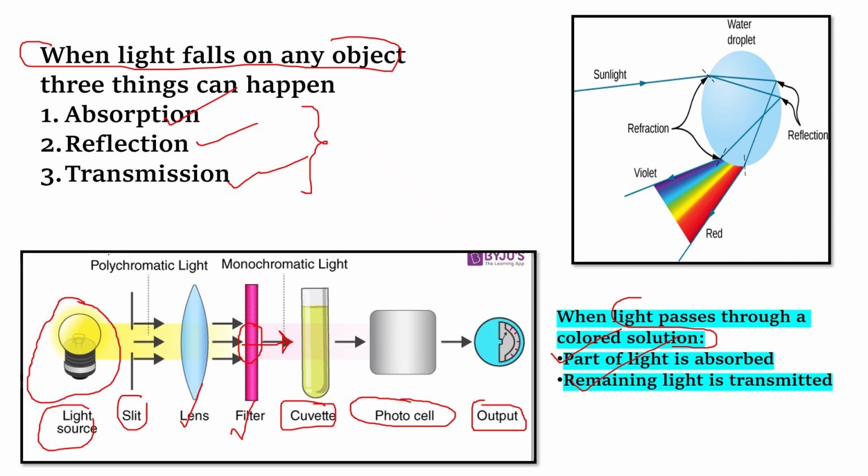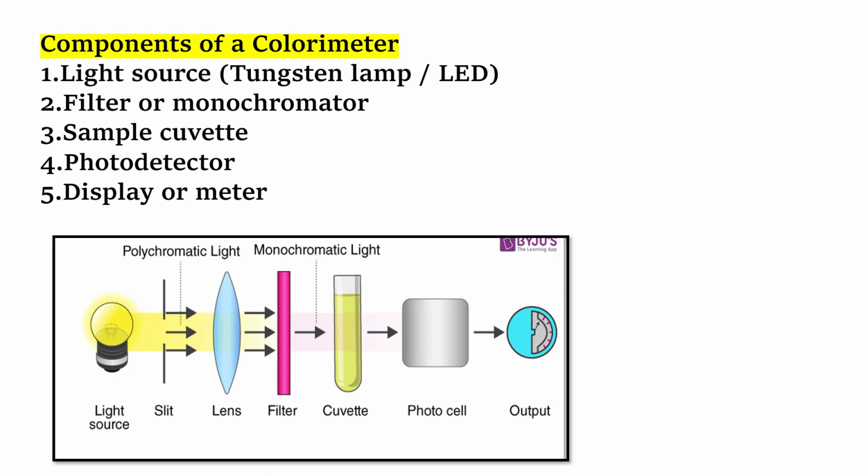So these are the components by which the colorimeter works. I have already mentioned them: the light source, tungsten or LED lamp, filter, monochromator, sample cuvette, photodetector, and a display or a meter.